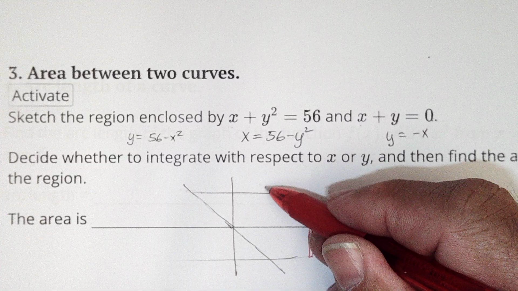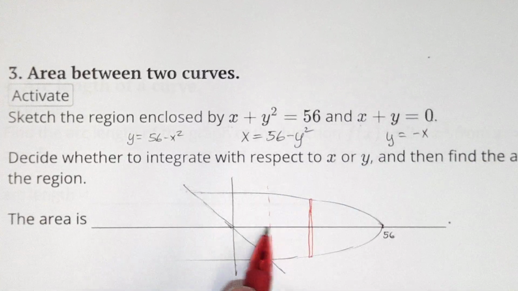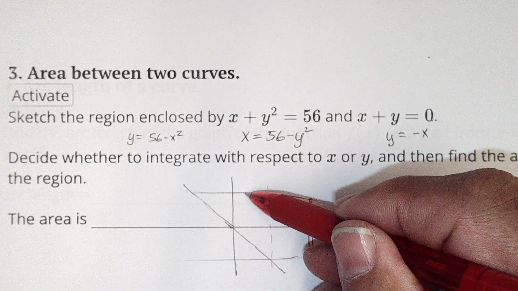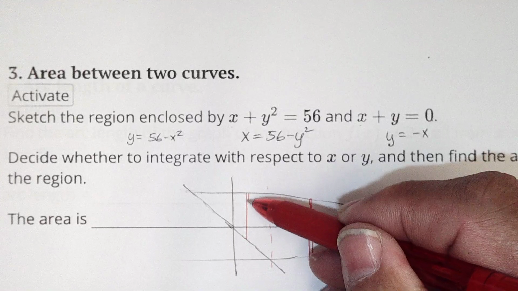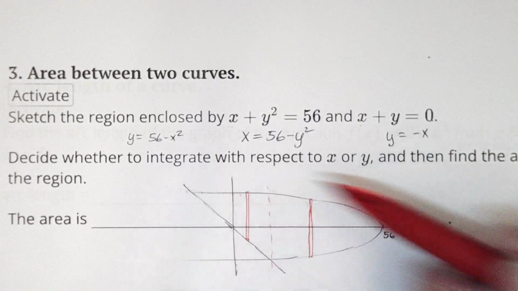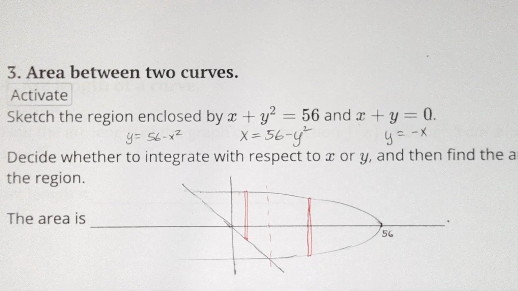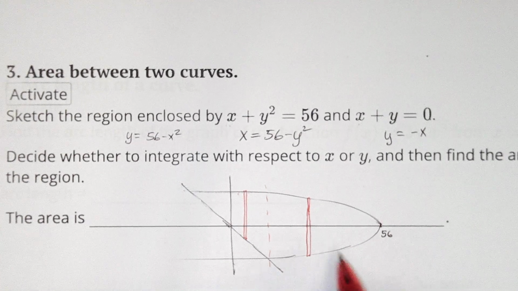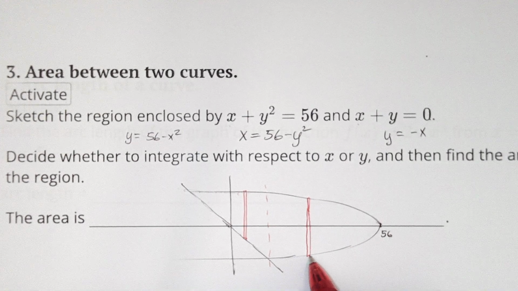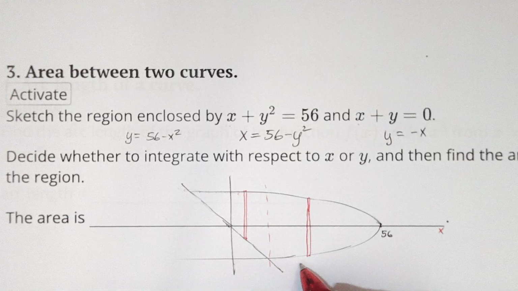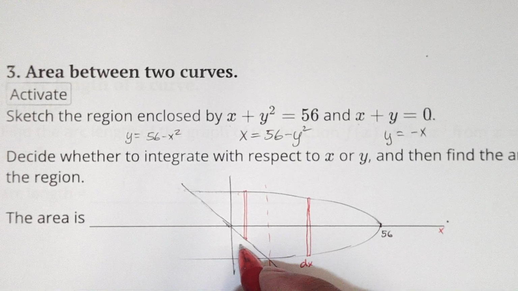But from here this way, the area between the curves goes from the top half of this sideways parabola to the line. So I'm going to have to do this in two parts. In either case, the width of these things are in the x direction, so they're dx.